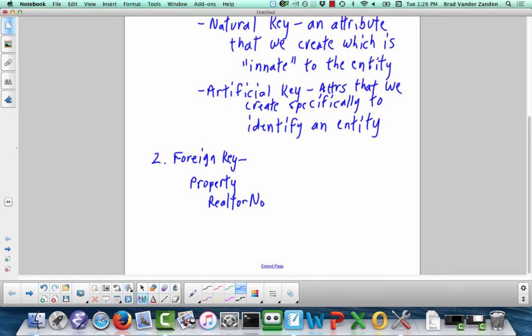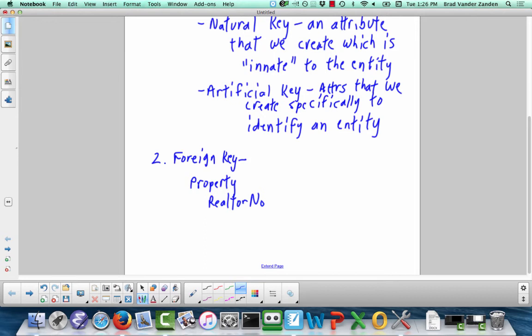The realtor number is the number of a realtor that we can use to index into the realtor file and find out information about that realtor.